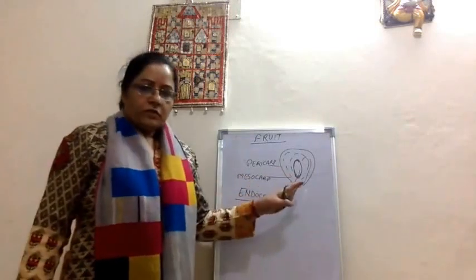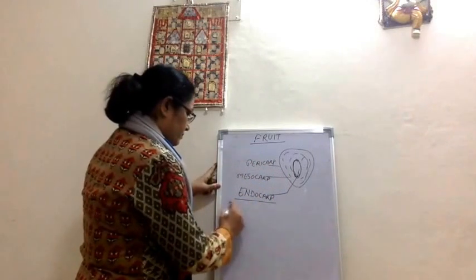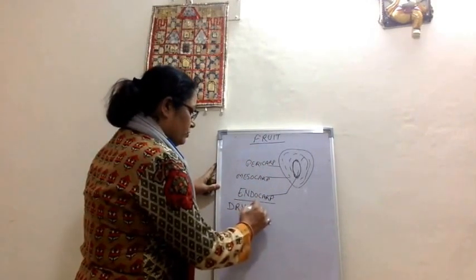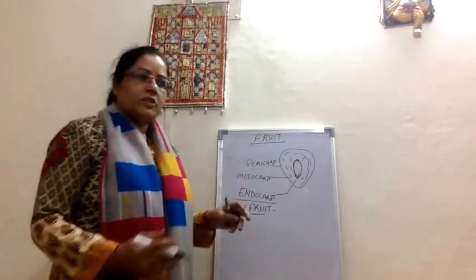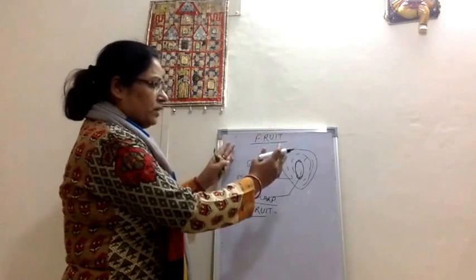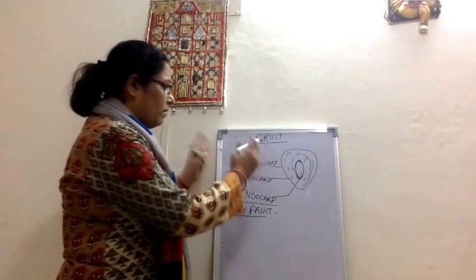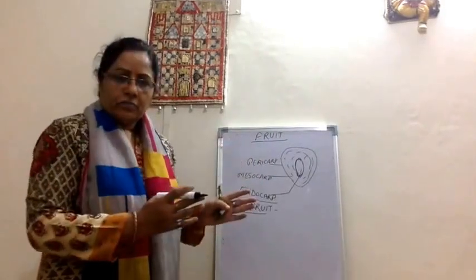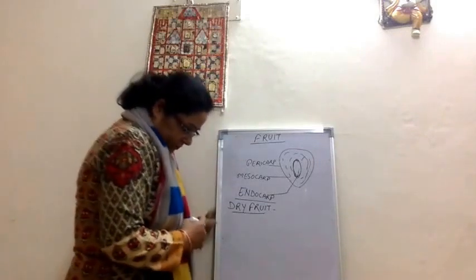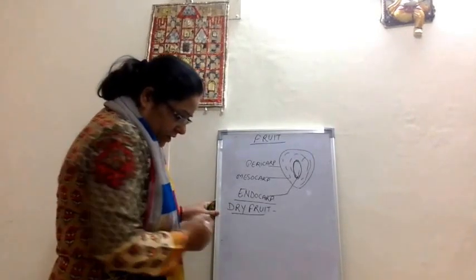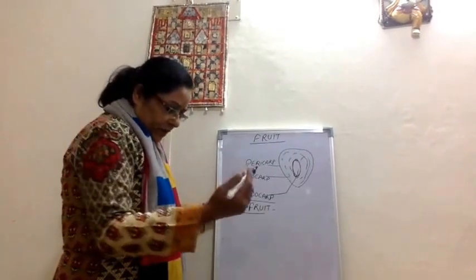So there are two types of fruit, dry fruit and fleshy fruit. Dry fruit is one in which all the three layers, pericarp, mesocarp, and endocarp, are not differentiated, like coriander, pea.